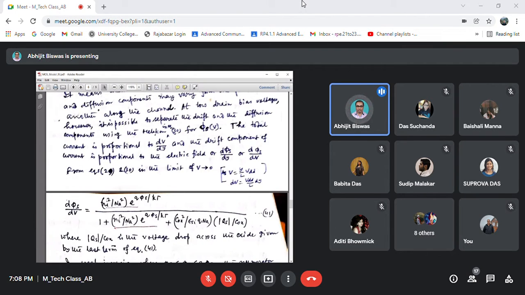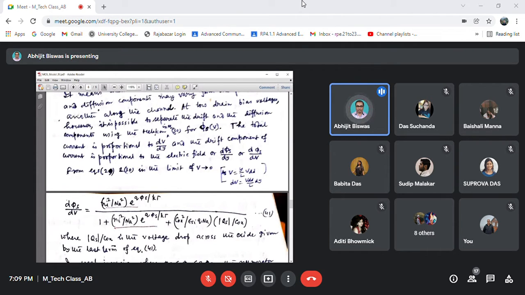You know that the total drain current has two components. One is the drift component of current, another is diffusion component of current. This total current is proportional to dV/dy and the drift component of current is proportional to the electric field along the channel, which is proportional to d phi s/dy, or it can be transformed to d phi s/dV.